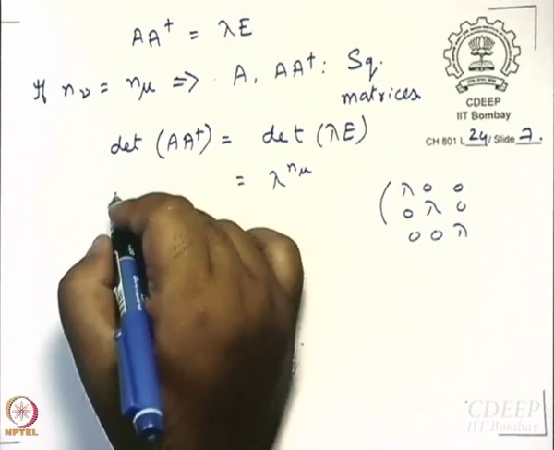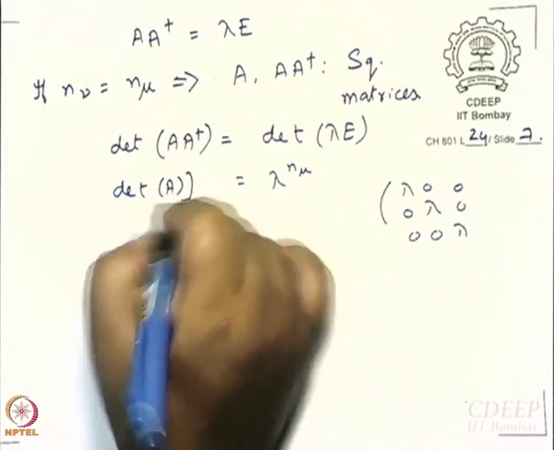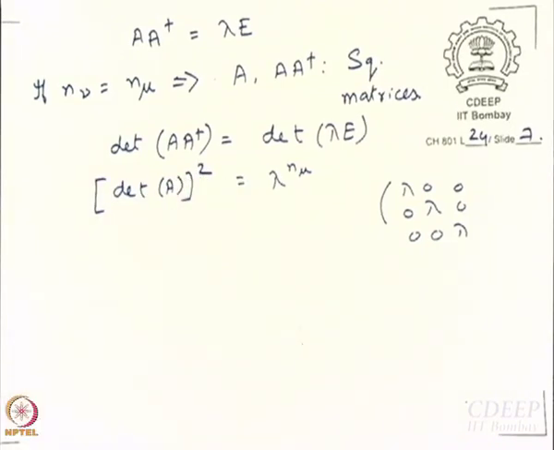Will you allow me to write it as det A whole square? Just work it out. Take any matrix, take its adjoint, right? Multiply them together, see what the determinant turns out to be. Work with a 2 by 2 matrix, it will turn out to be this.